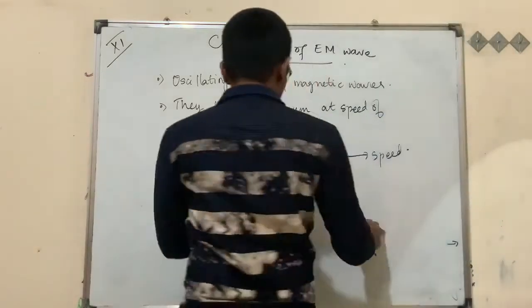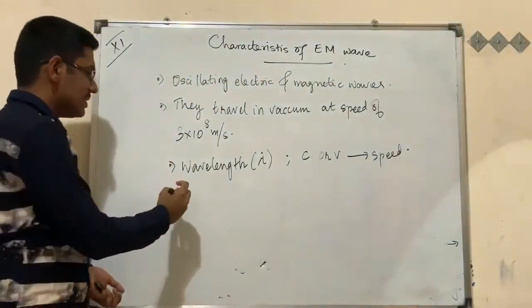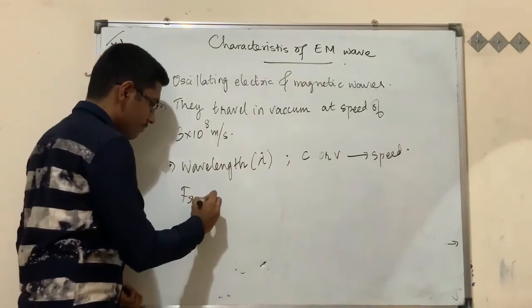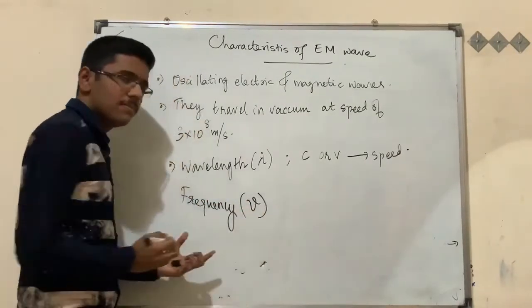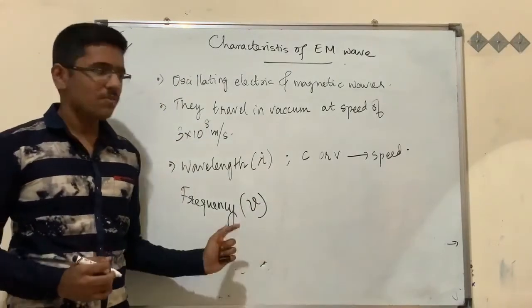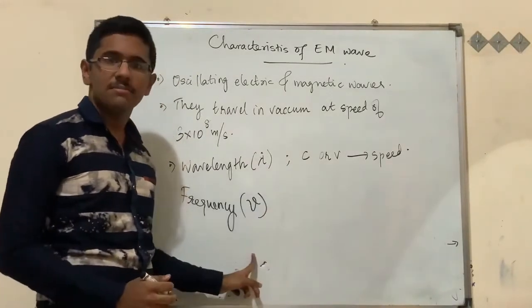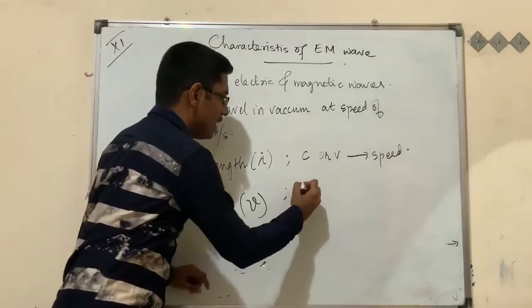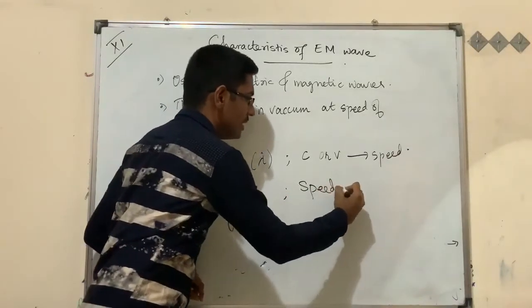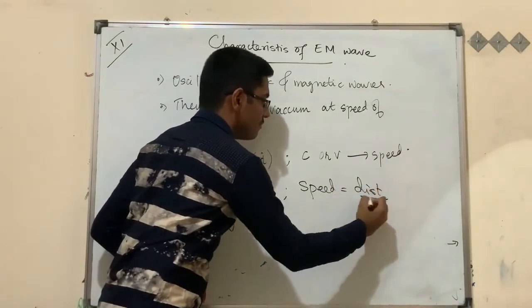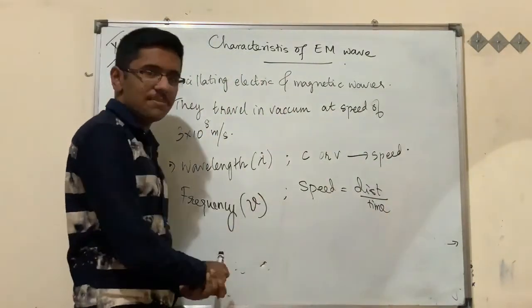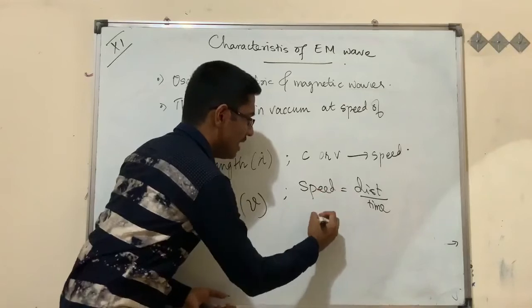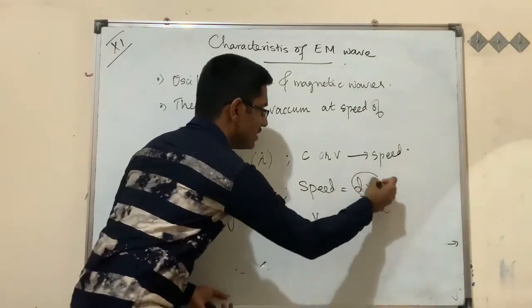So here wavelength and speed. The frequency is represented by Greek letter nu. This is Greek letter nu. And what is the relation connecting these three terms? We know that speed equal to distance by time. So I can write it as speed v equal to distance. What is the distance?